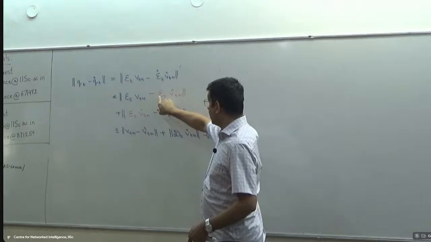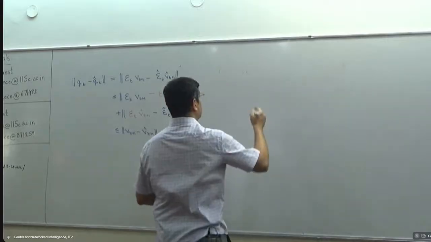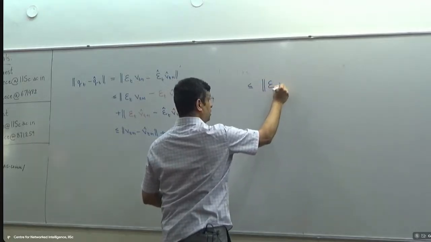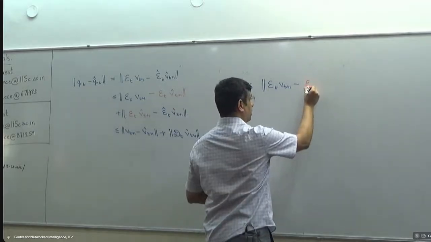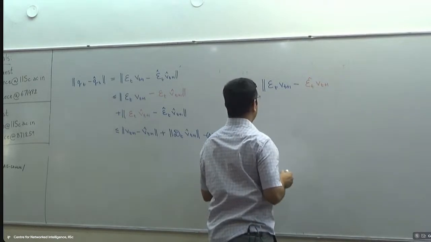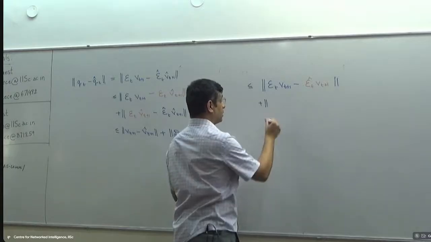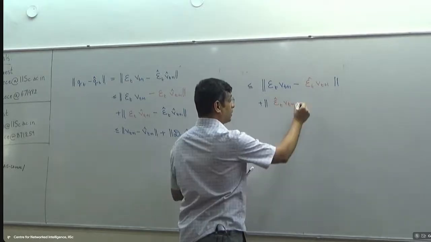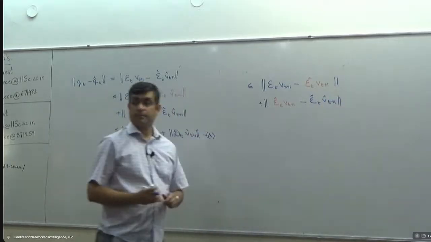I took E and V hat, I could have taken E hat and V. So, my second inequality is at this stage I could have done E_t V_{t+1} minus E hat_t V_{t+1} plus E hat_t V_{t+1} minus E hat_t V hat_{t+1}.